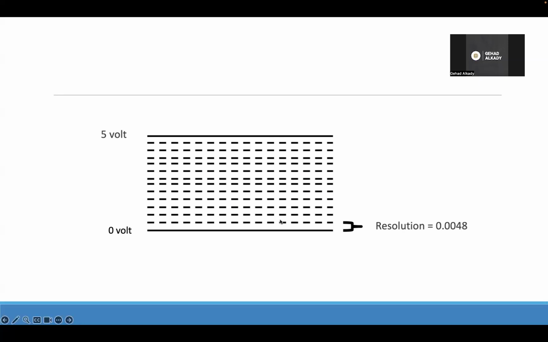So the resolution is the minimum difference between two analog voltage values on the range of 0 volt to 5 volt. So how do we calculate the resolution?